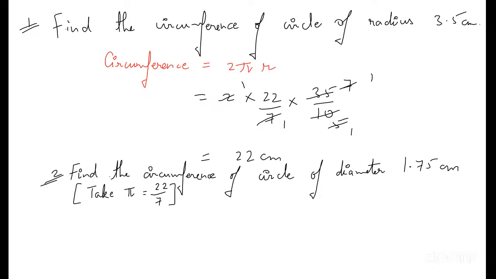If we are using pi into diameter, we won't multiply it with 2. But still, I'll suggest that you do 2 pi r only. First divide the diameter by 2, make it the radius, and then try this out, because we have to go according to the formula, 2 pi r.